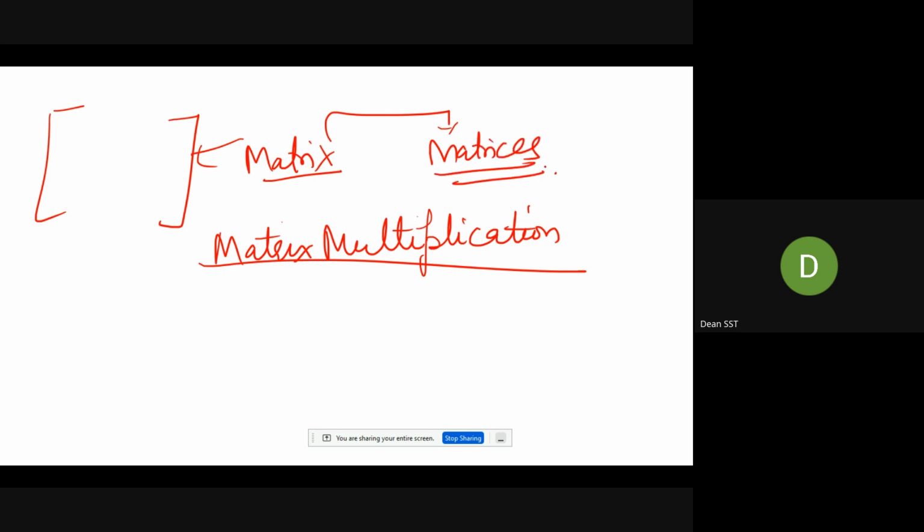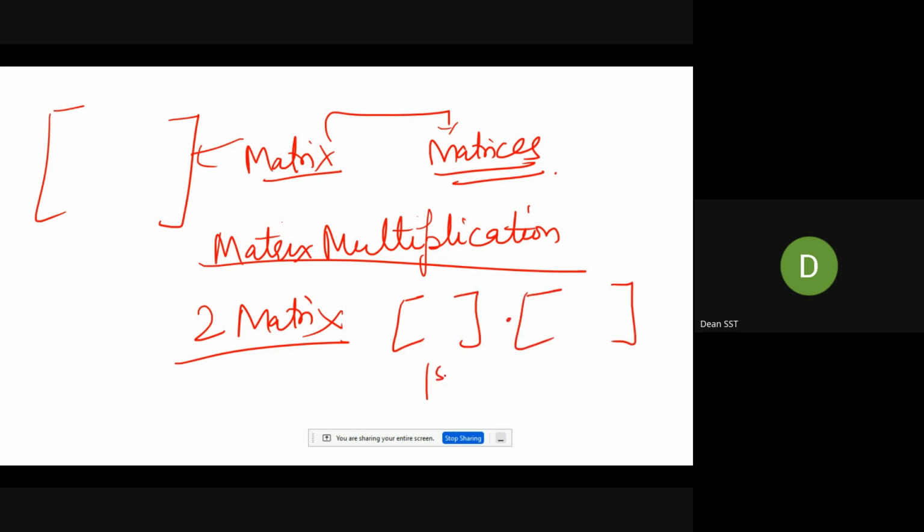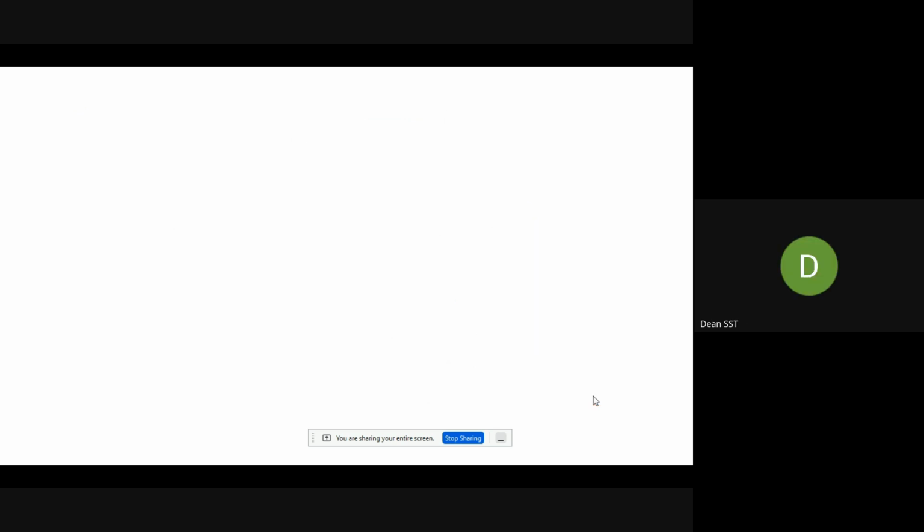We can apply multiplication to 2 matrices, the first matrix and the second matrix. What will you do if you have 4 or 5 matrices, suppose A, B, C, D, E?